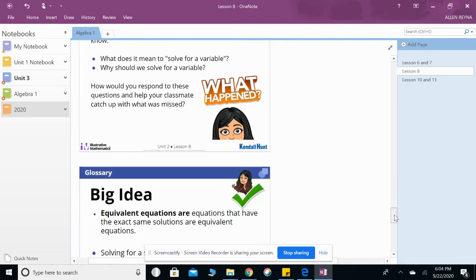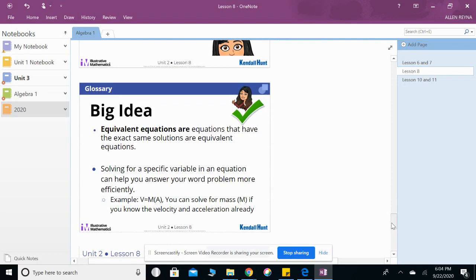All right, good. So 2 things that you need to know for today are equivalent equations are equations that have the exact same solution and that are equal. So anytime you solve for a variable in an equation, it's equal to the original equation. And then the other thing is if you solve for a specific variable, that can help you answer a problem.